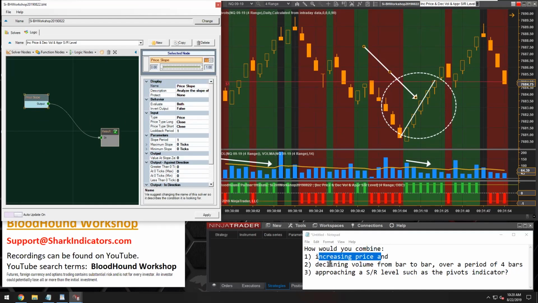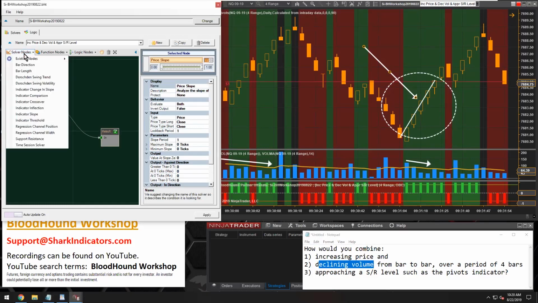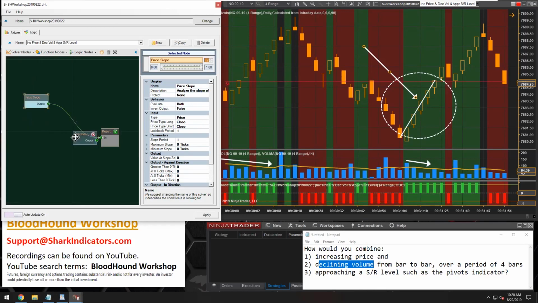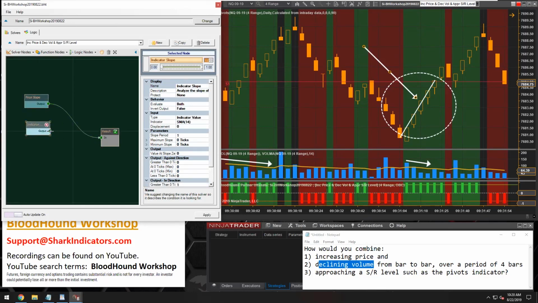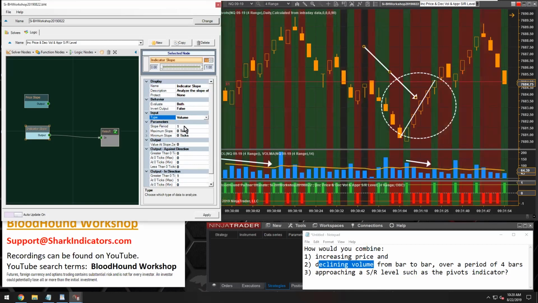And next, let's look at declining volume. So again, to keep this simple, for this generalized question, let's just grab another slope solver, like so. And we can change the type here. We could directly just use the volume input here.